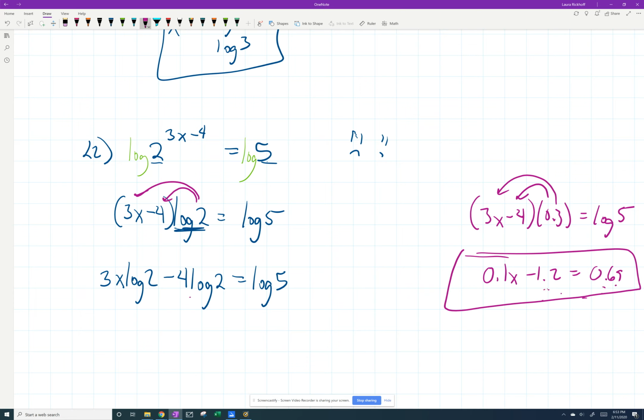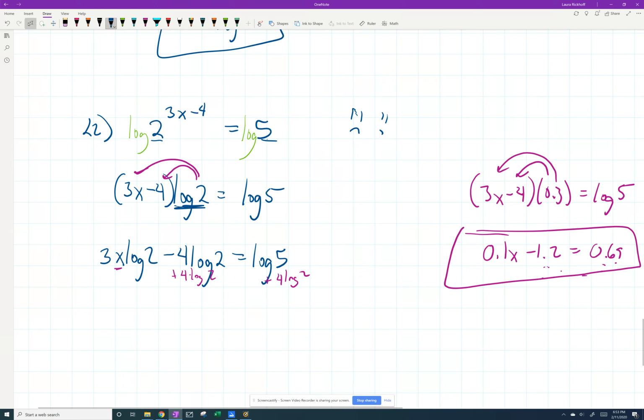So when we're doing this one, we want to get this x alone on this side. This piece doesn't have an x, so we're going to add 4 log 2 to both sides. And so you're going to get 3x log 2. And on the other side, you're going to have log of 5 plus 4 log 2.